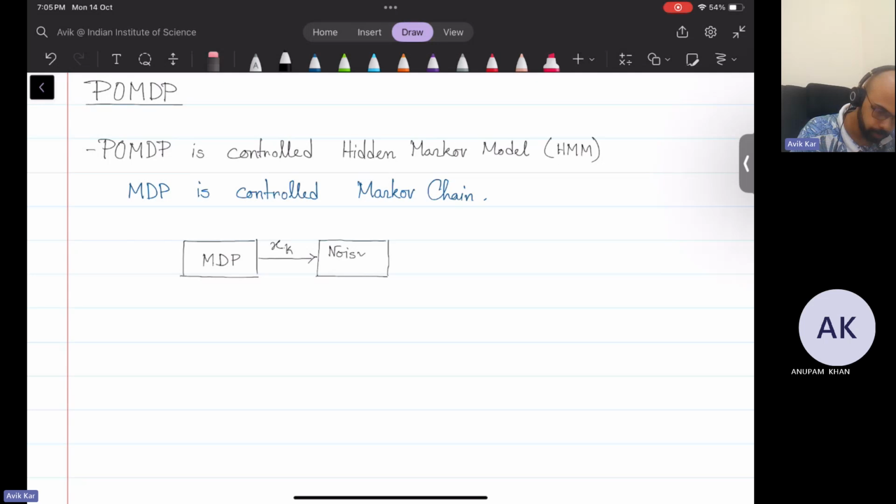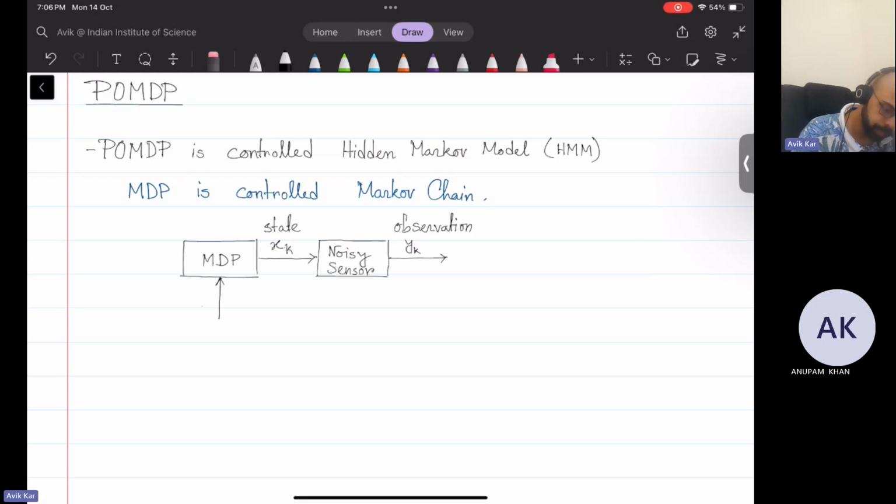So what makes it partially observable is basically some noisy sensor which cannot sense the true data, rather it sends something noisy. And that's our observation. This is one way to think of it: this is the state, and this is the observation. Okay, so the MDP takes an action.